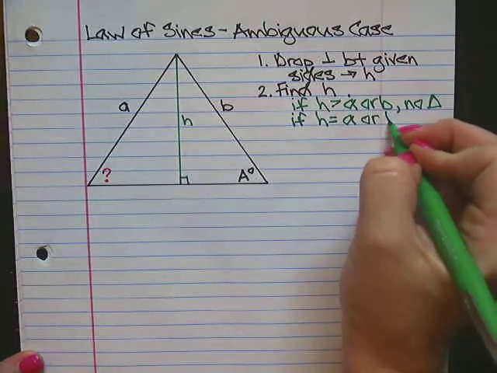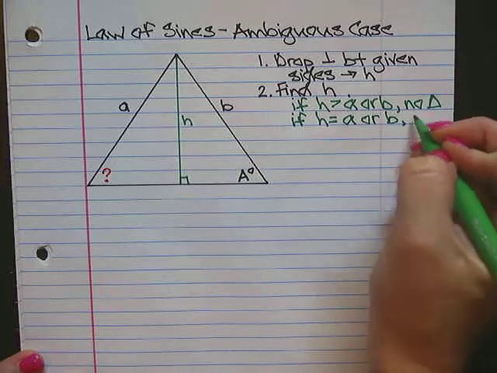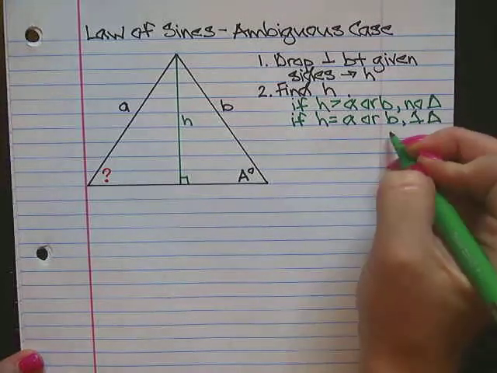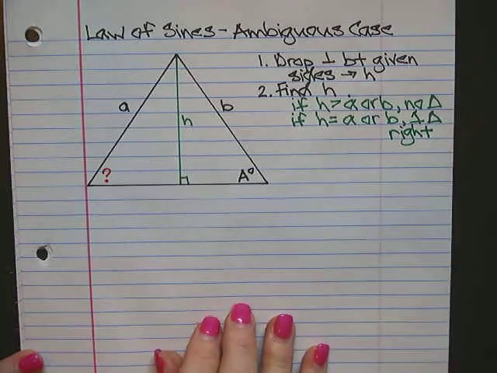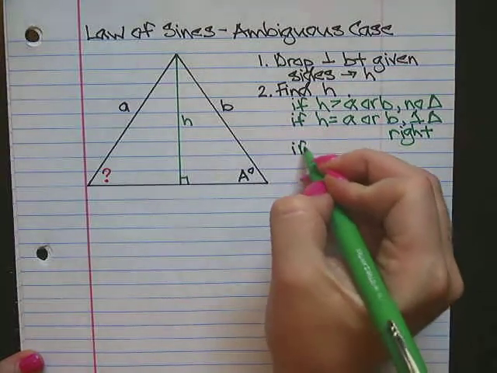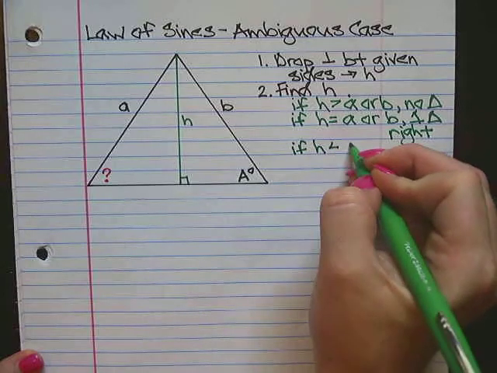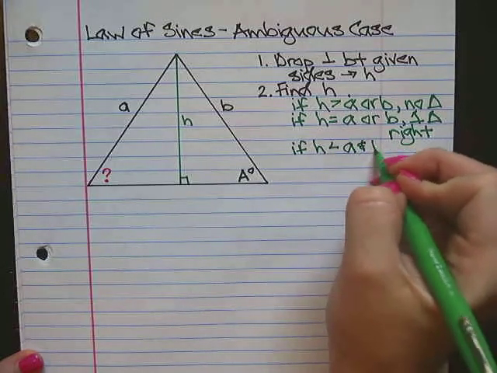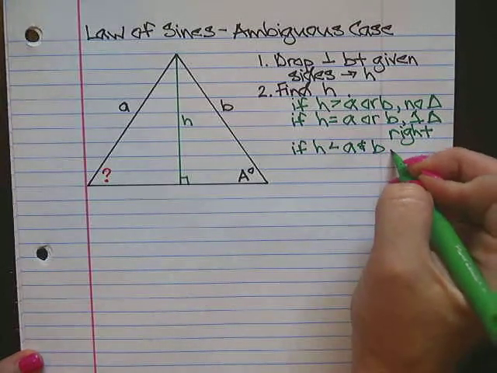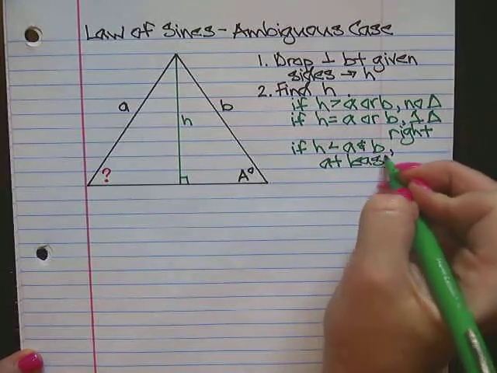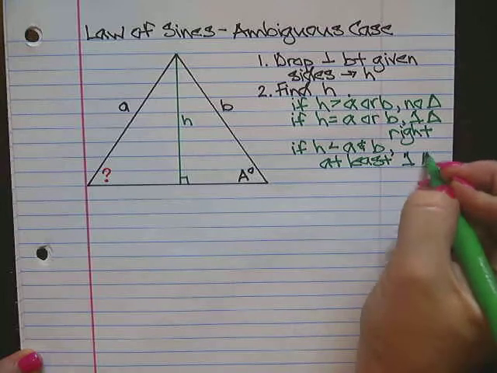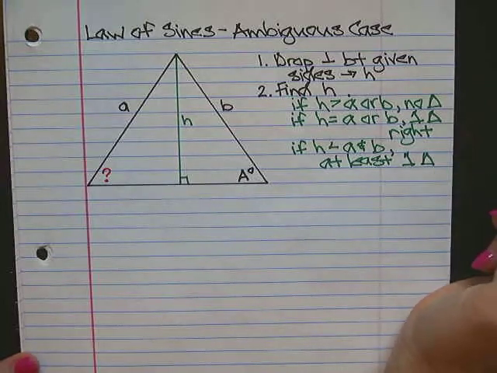If H equals A or B, there is one triangle, and it's a right triangle. If H is less than A and B both, then there is at least one triangle.